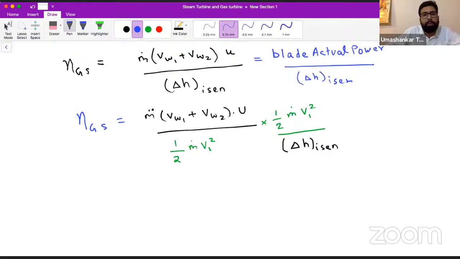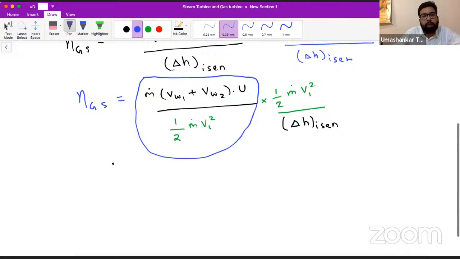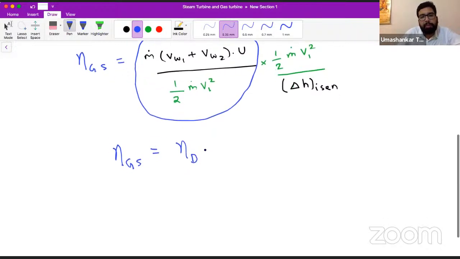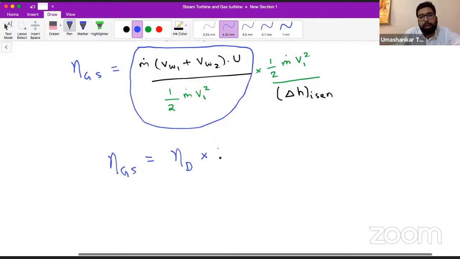If you remember, in the last session, what was this? Can anybody in the live lecture tell me? This was our diagram efficiency. And this was our nozzle efficiency.